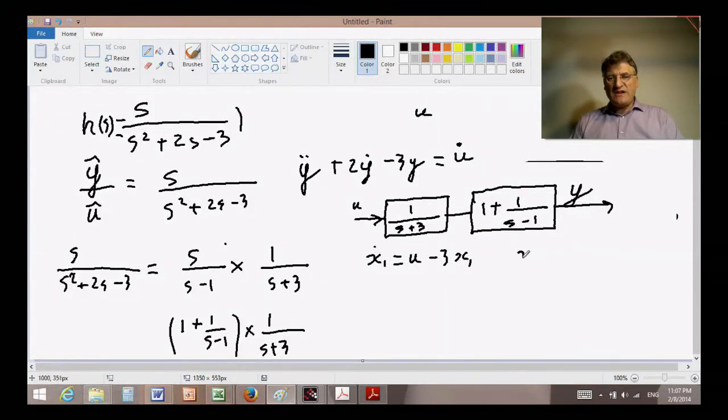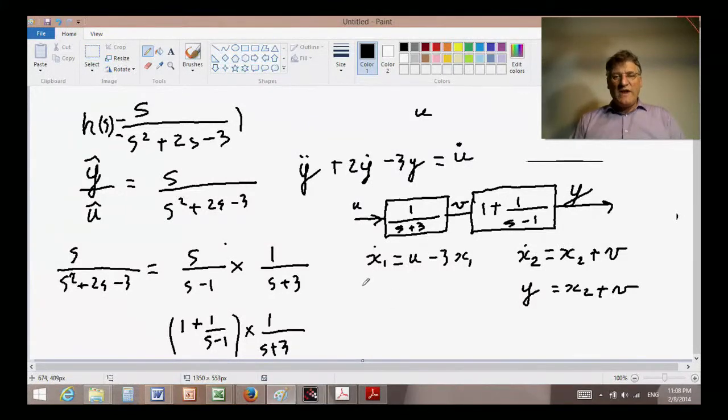You can easily check that its state space representation will be x2 dot equal x2 plus v, where I'm calling this variable v. And then y is equal to x2 plus v, because there is a direct feed-through term. Y is equal to 1 times v plus this transfer function.